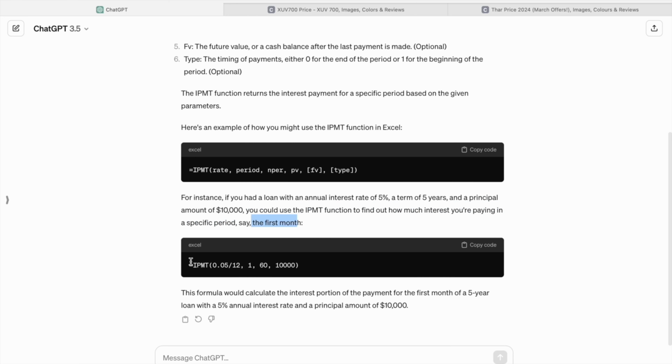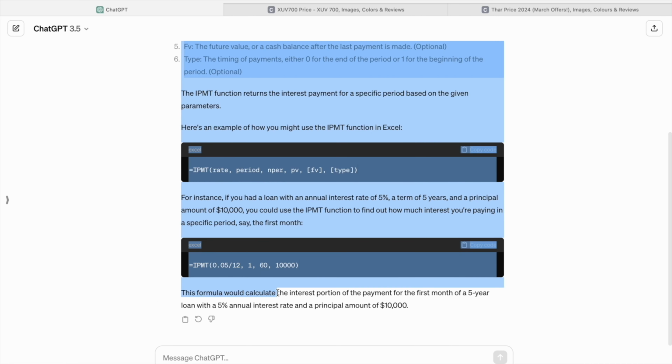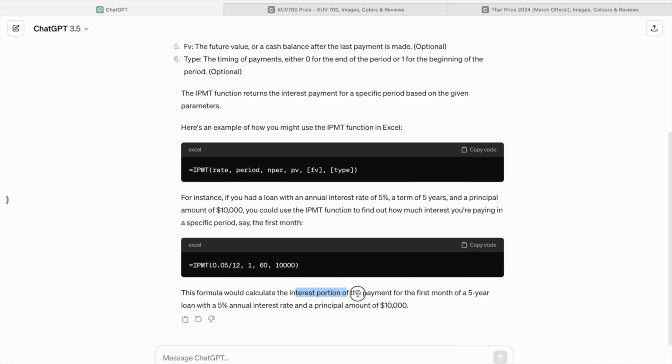So this formula would calculate the interest portion of the payment for the first month of a 5 year loan with a 5% annual interest rate and a principal amount of 10,000.